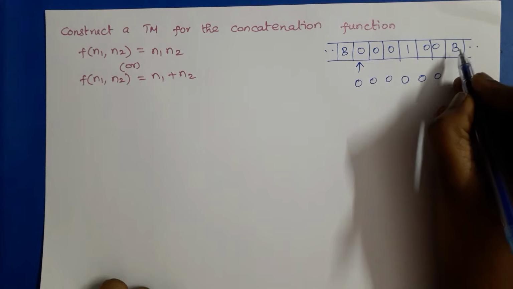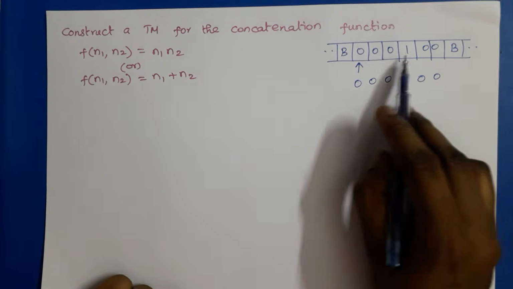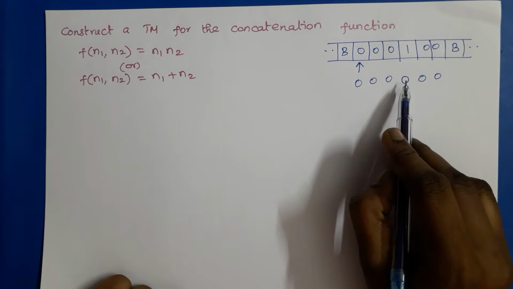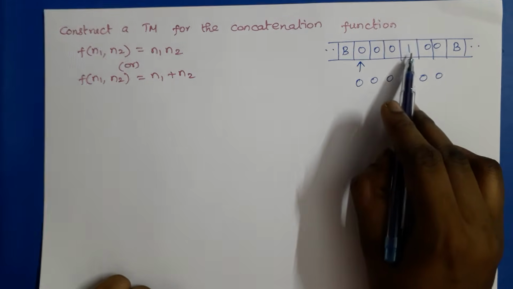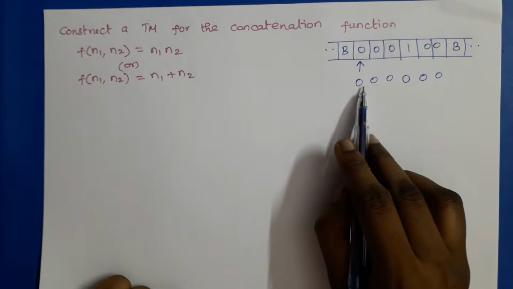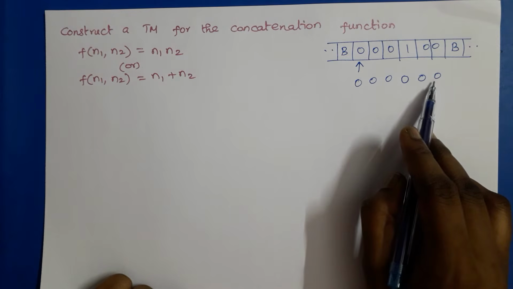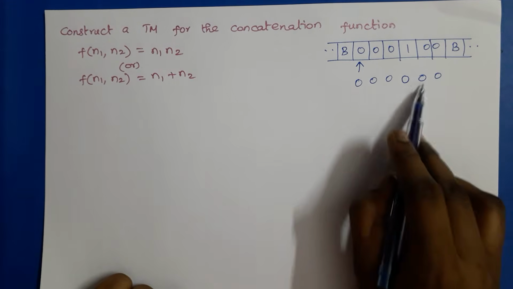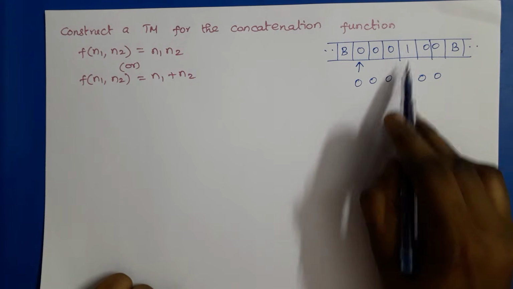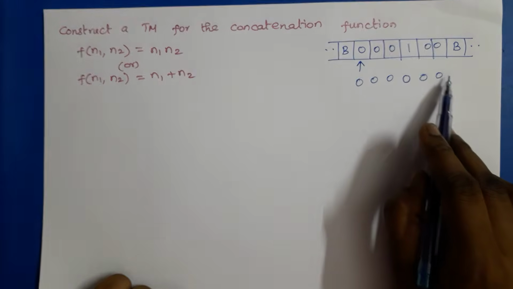Now here 1 is replaced by 0, but concatenation means our output should be 5 zeros, and if we replace 1 by 0, we will have one more 0 in the output. We need only 5 zeros, but after replacing 1 by 0, we will have 6 zeros.